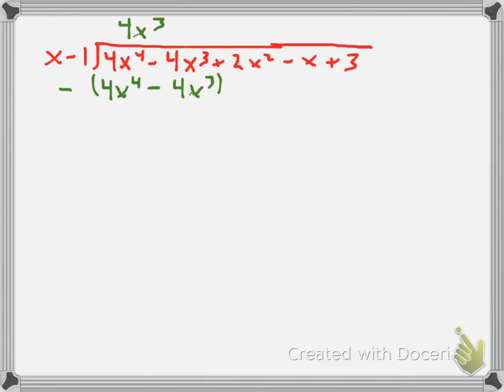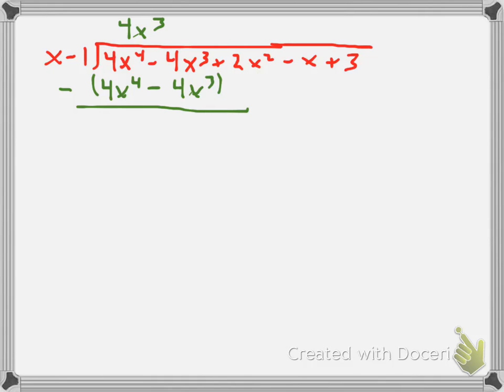And now I am going to subtract these away. This subtraction sign in front is going to change the signs here. In other words, I just eliminated all my x cubes.